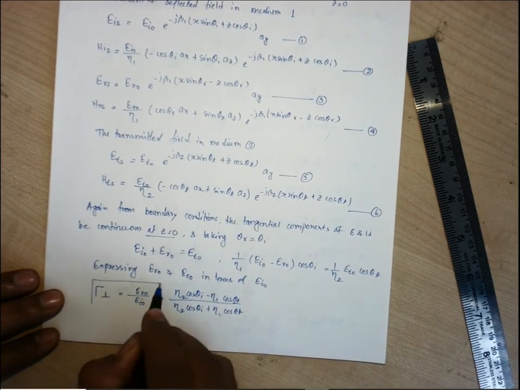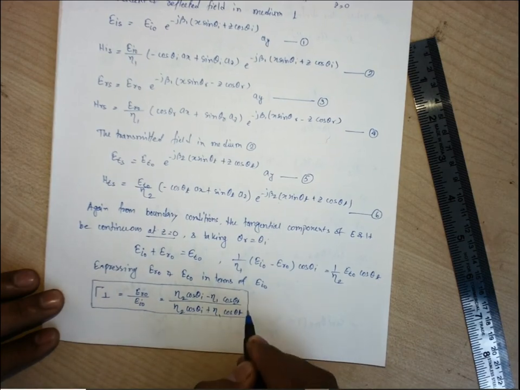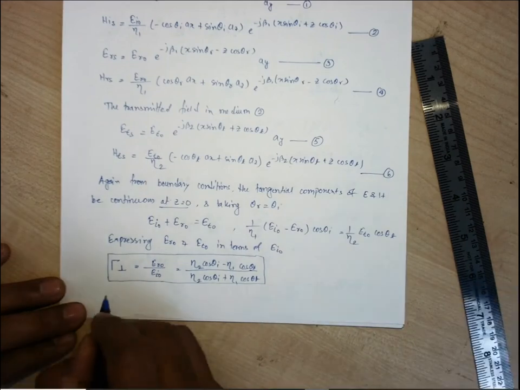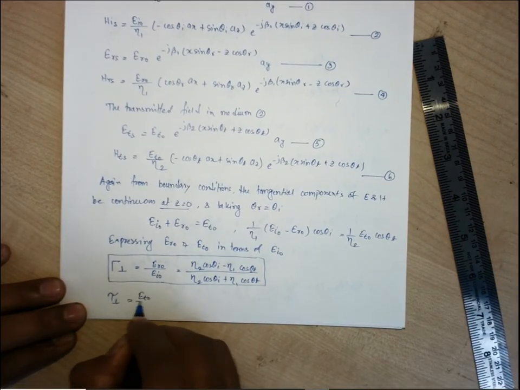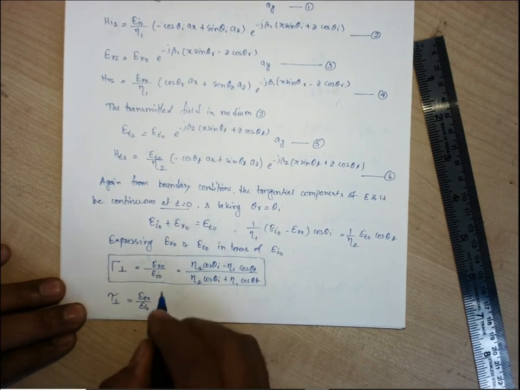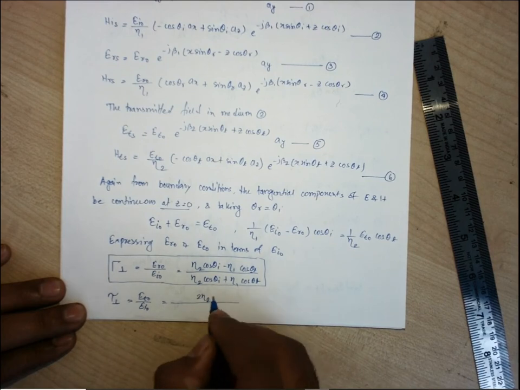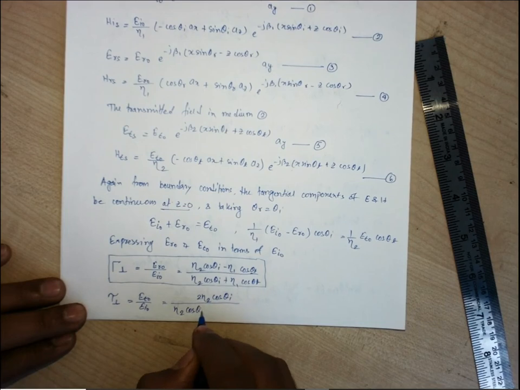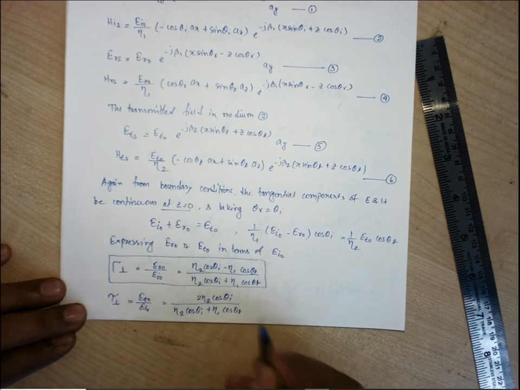This is our reflection coefficient for oblique incidence. Similarly, the transmission coefficient for perpendicular polarization is 2 eta 2 cos theta I by (eta 2 cos theta I plus eta 1 cos theta t).